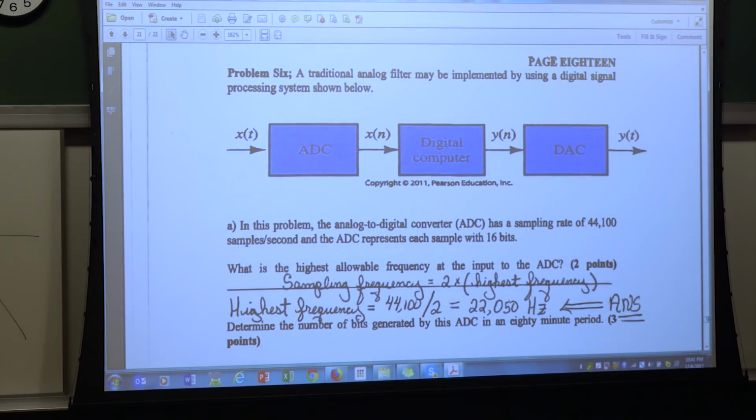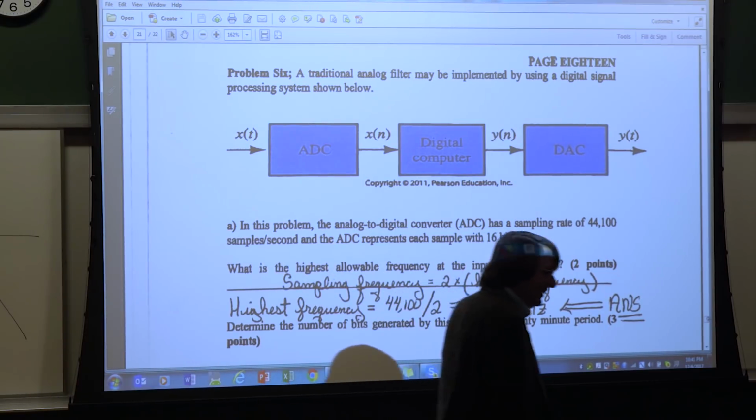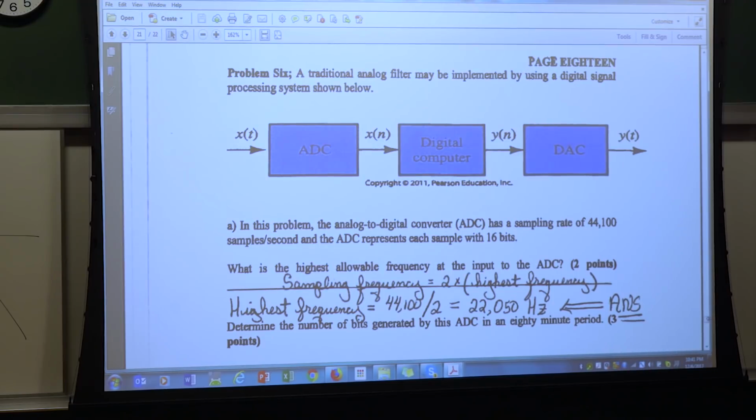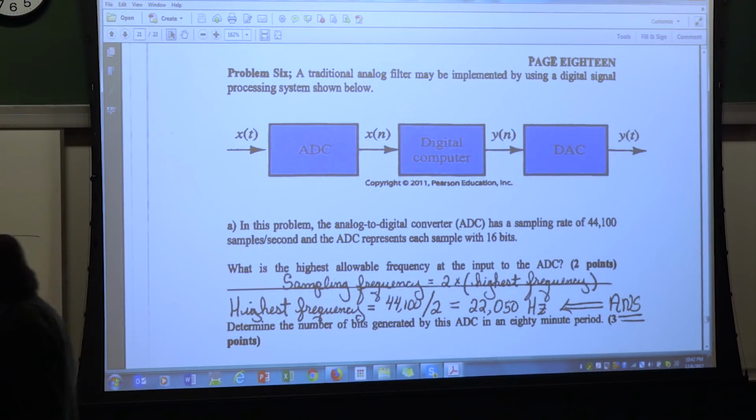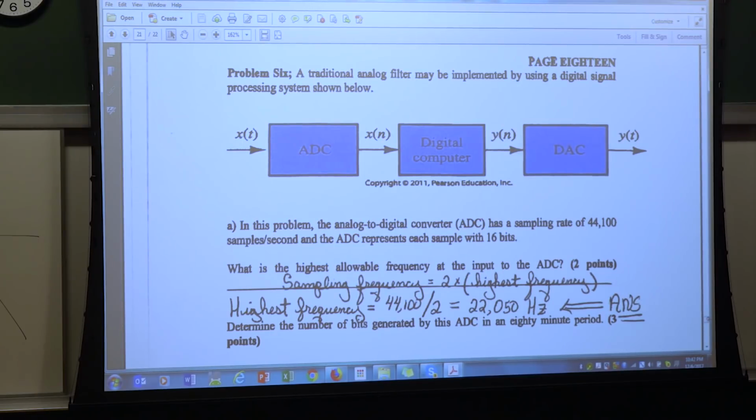Last problem on this exam. Last problem. This was an exam. All right. So, this is one of my favorite parts of the course. We talked about digital signal processing.